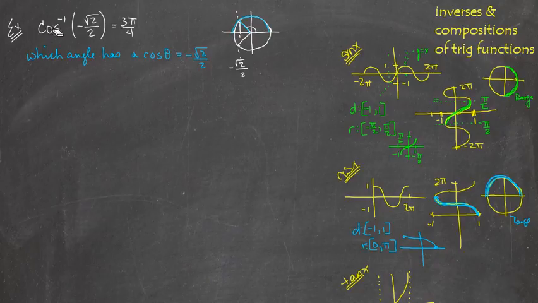When we talk about the cos inverse of negative root 2 over 2 equals 3 pi over 4, what we're actually saying is if the cosine of the angle 3 pi over 4 equals negative root 2 over 2, and we know it does, then the inverse cos, or the arc cos, another way to write that, of the value equals the angle that gave us that value.